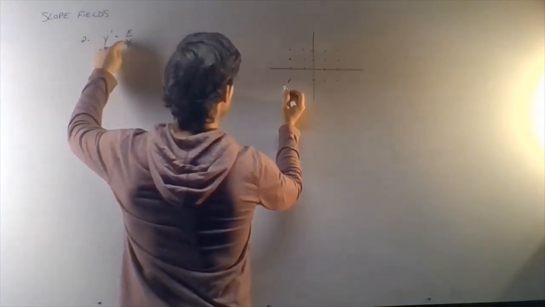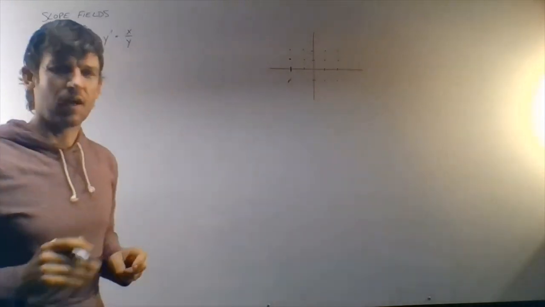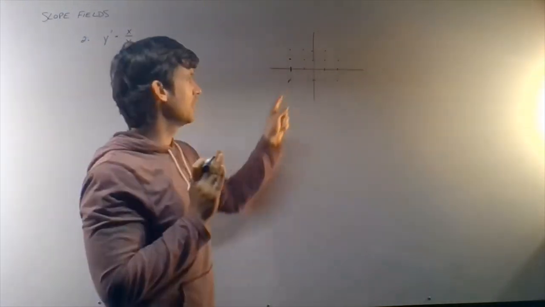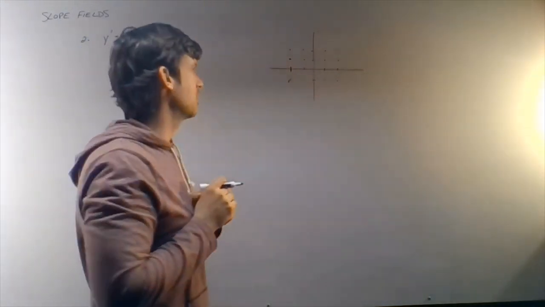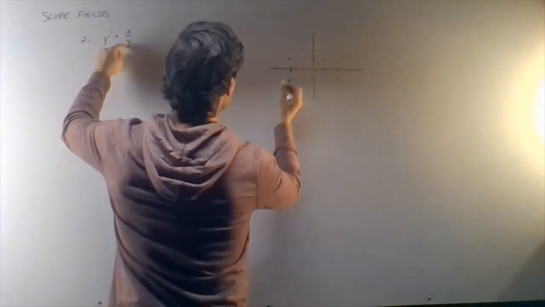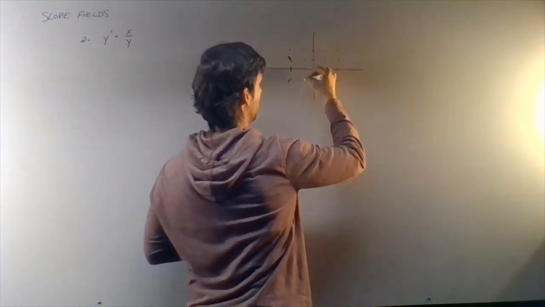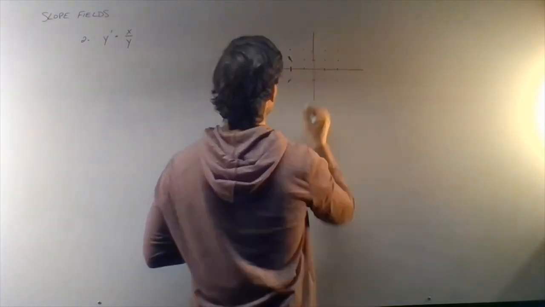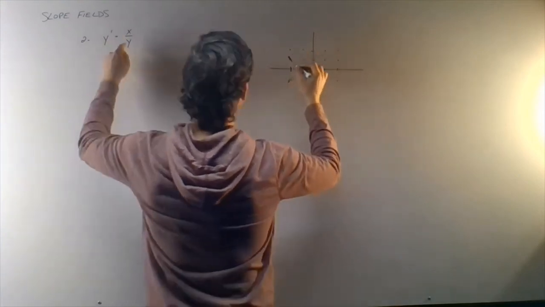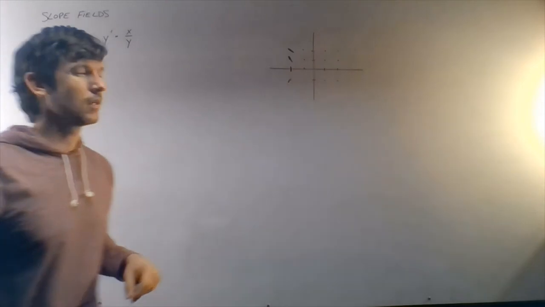So -2 divided by 0 is undefined, but we know that when we have a derivative that's undefined, that's a vertical tangent line, so I have a little vertical tangent line there. -2 divided by +1 is -2. So I'm down 2, right 1, kind of imagining that. -2, +2 is going to be -1. Okay, I'm going to continue on.